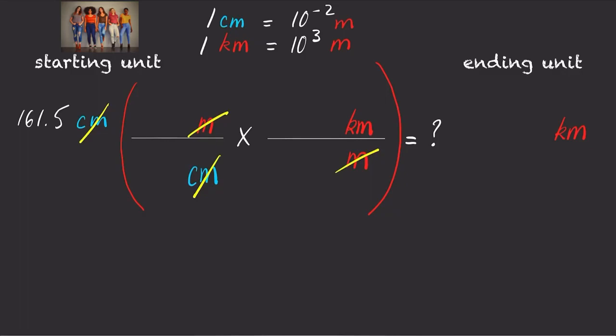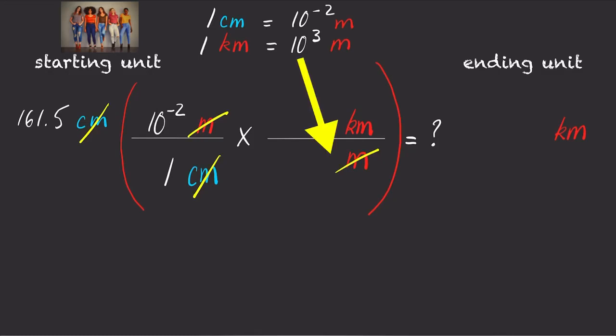So, where do we put the numbers for each conversion factor? We know that centimeters are smaller than meters. For the first conversion factor, if we put 10 to the negative 2 in front of the meter, the negative exponent will turn our starting number from centimeters to a smaller number equivalent to 1 meter. Likewise, we know that kilometers are bigger than meters.